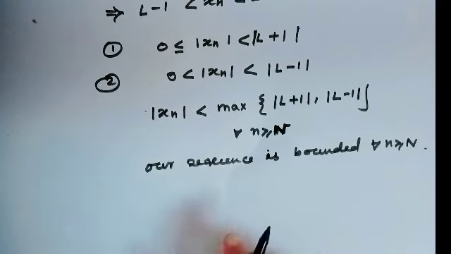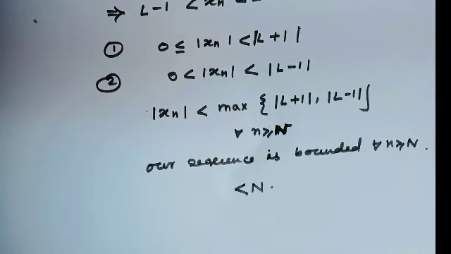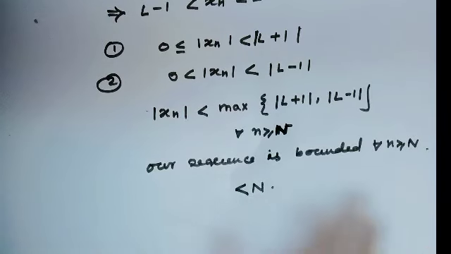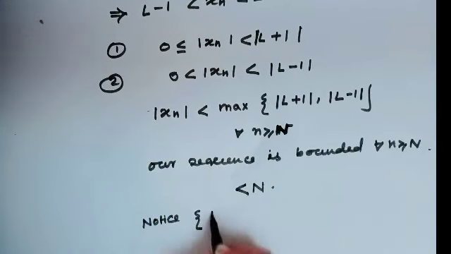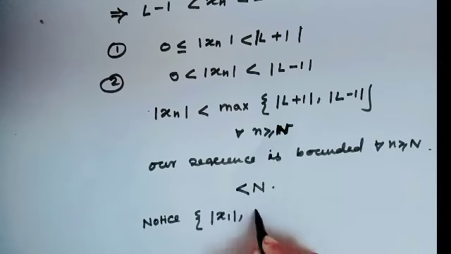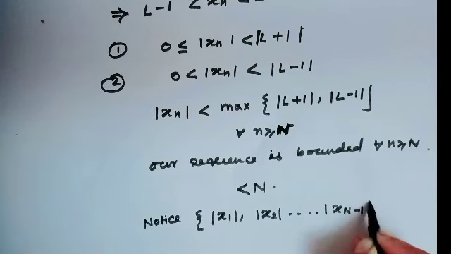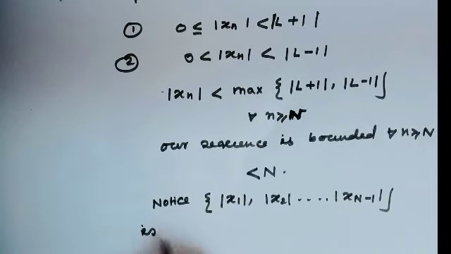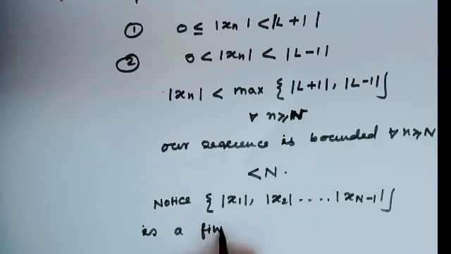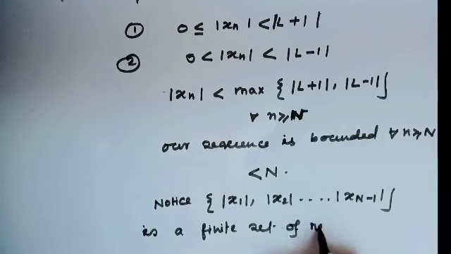Now what happened for n strictly less than capital N? There are only a finite number of terms. Notice modulus of x1, modulus of x2, up to modulus of xN minus 1, and this is a finite set of real numbers.